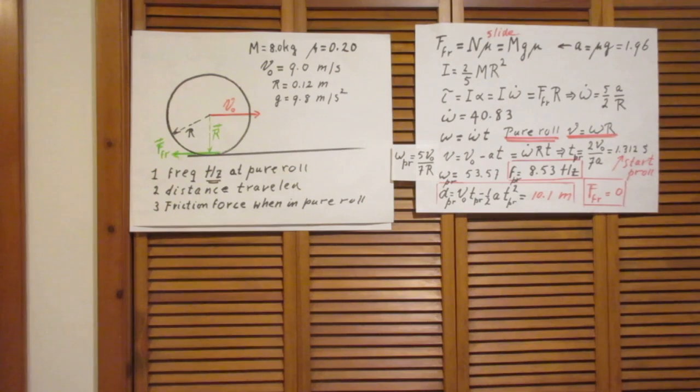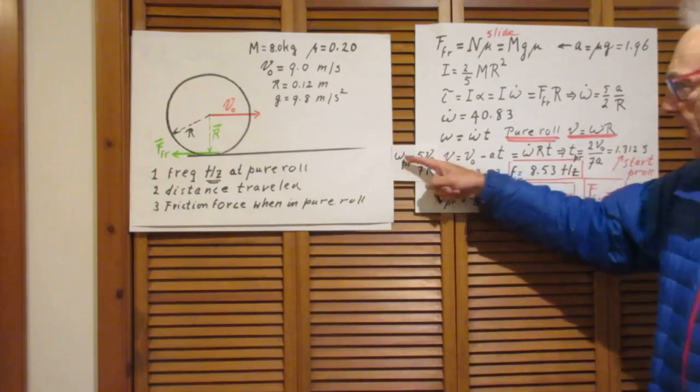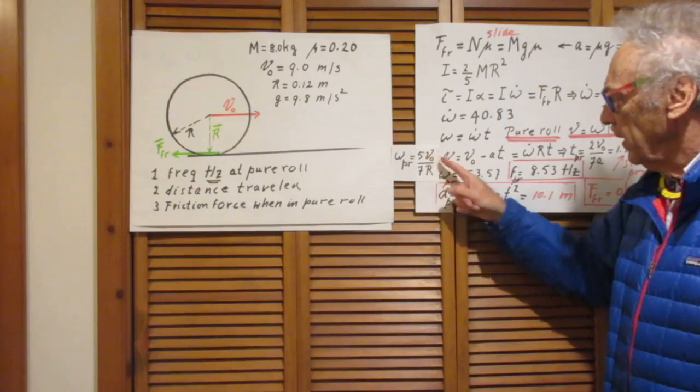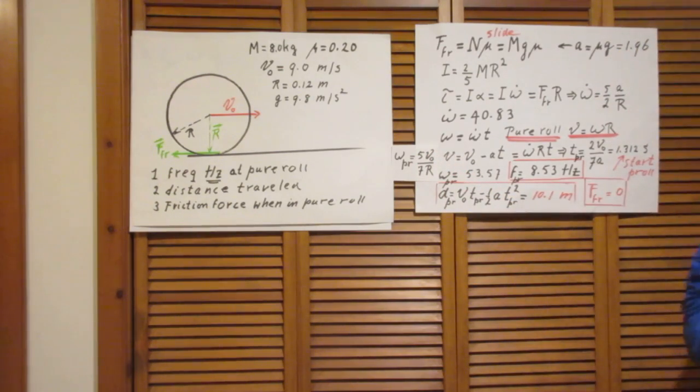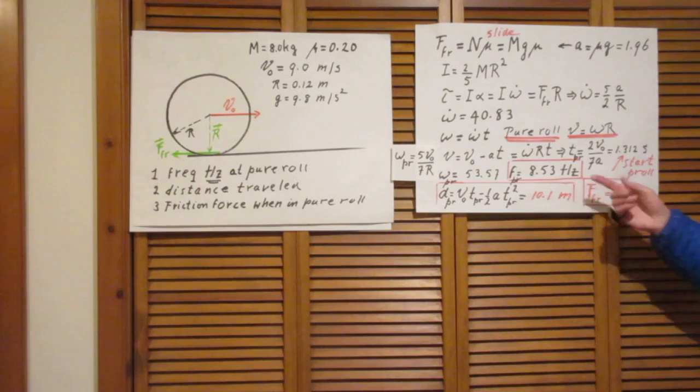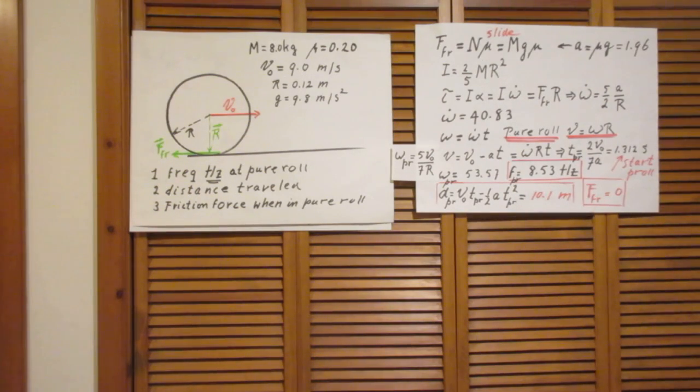Alternatively, you can use this result and this result, so you find then that omega at pure roll is 5V0 divided by 7R, and that will give you, of course, the same answer. So this is 53.6 radians per second. Divide that by 2 pi, not mu, by 2 pi, and you get the frequency, which is your first answer, about 8.53 Hertz. So we're done with this.